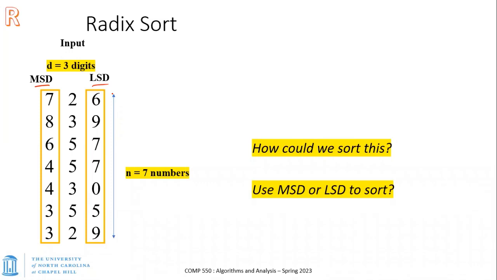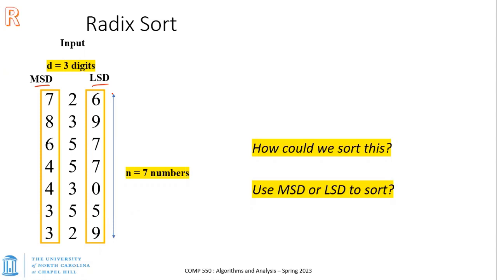But can I get your name? Nishan. So Nishan's suggestion is that if you start with the least significant digit and sort that, and then you go to the second least significant digit, one of the advantages could be that you don't have to sort any further, at least on those two digits.